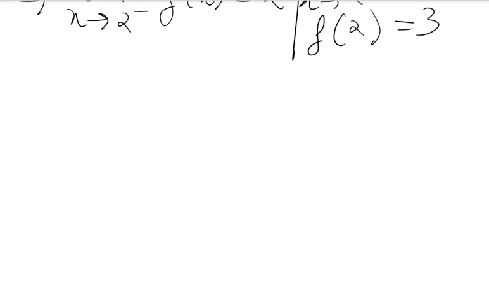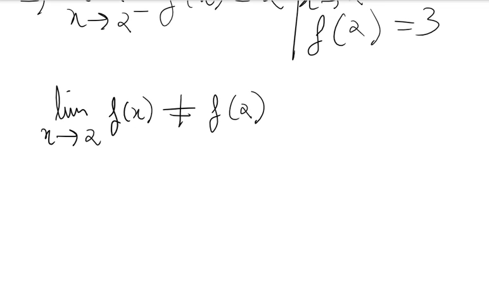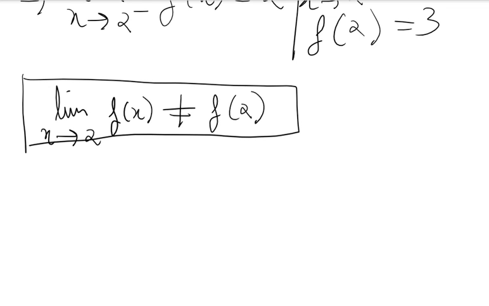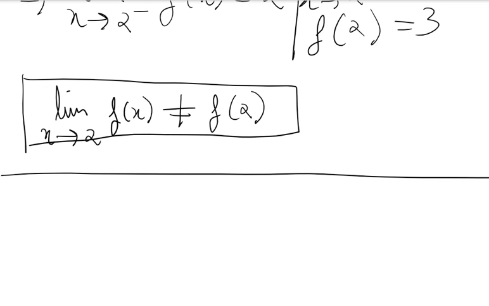That means this limit x tends to 2, f of x is not equal to f of 2. So this is what I was trying to show you. Sometimes this will also happen. Okay, now the next type will be that the limit and f of a both exist and are also equal.